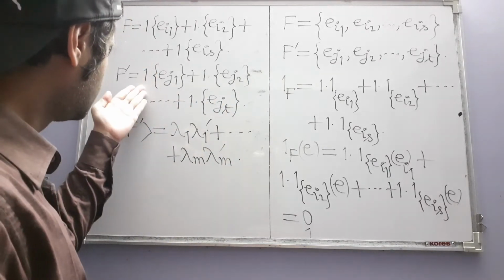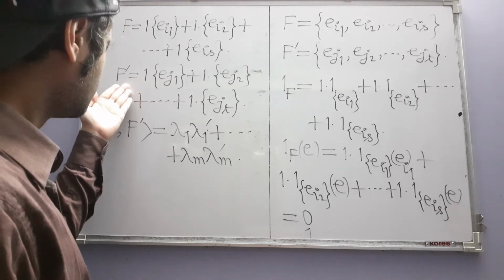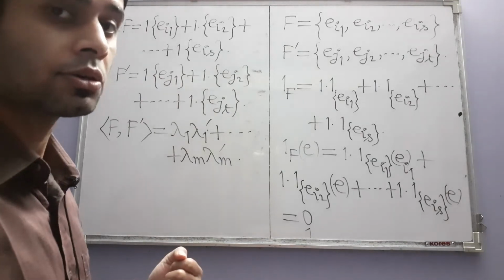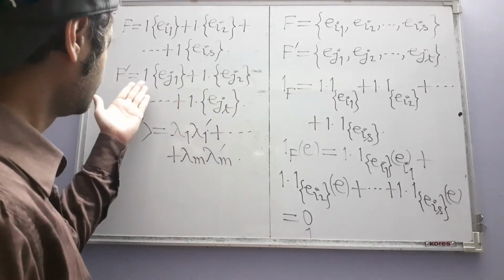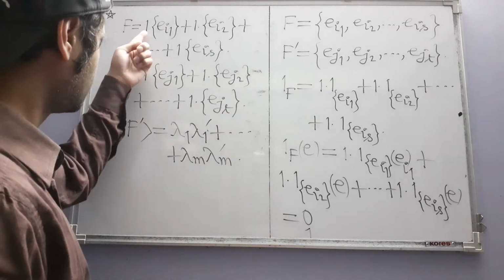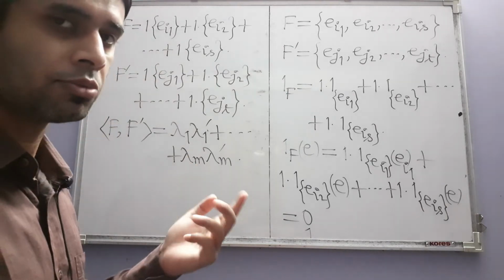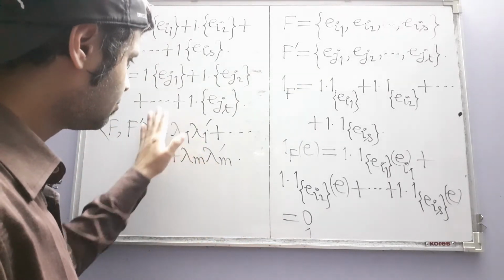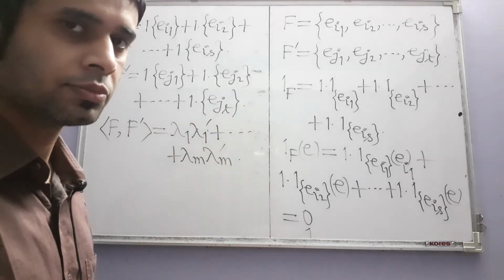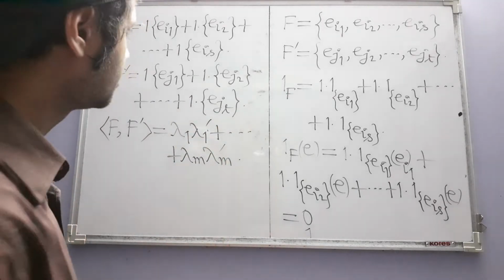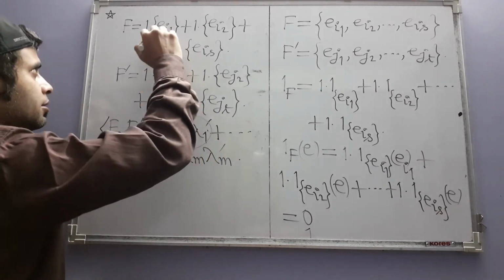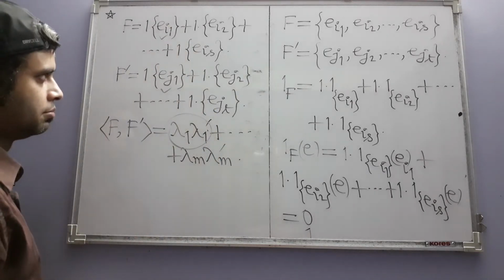Then here say i1 does not appear at all in this sum. Then its coefficient is 0, so that 0 has to be multiplied with 1. So such terms will not survive in the sense that they will not be non-zero, they will be 0 and they will vanish. So only those terms will survive where the edges are the same.